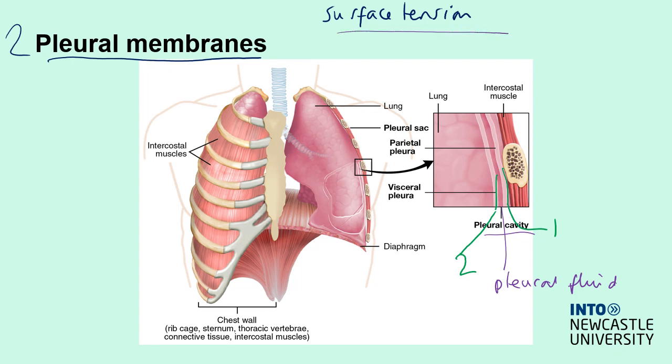So if you pull on one membrane when the ribs are moved up and out when you inhale, then through surface tension, you pull on the other membrane, and then this pulls on the lung as well. So that's the pleural membranes.